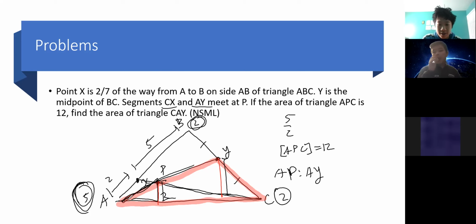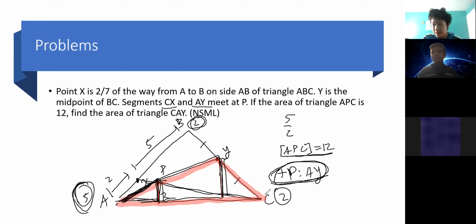Similar triangles here, right? So all we need to do is find the ratio between AP and AY, and we multiply that by 12. Obviously AYC is bigger, so whatever the ratio is, we'll try to make it bigger than 12.